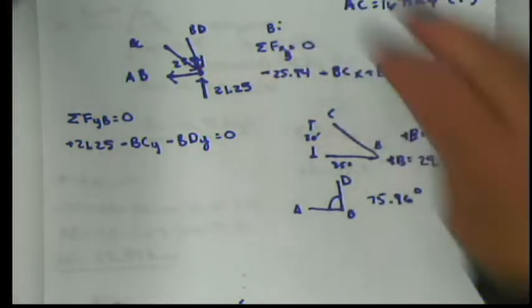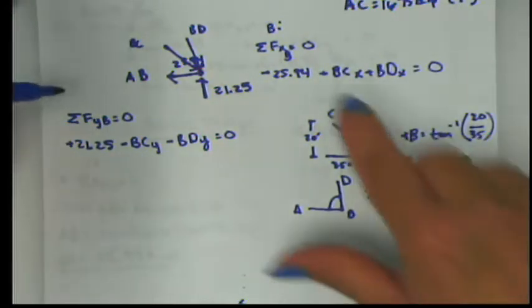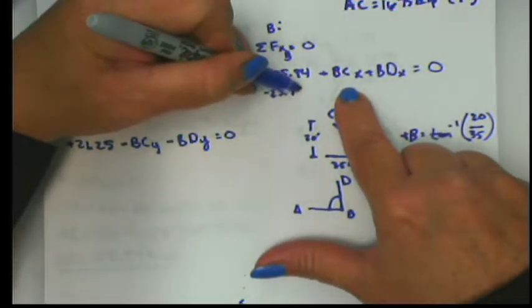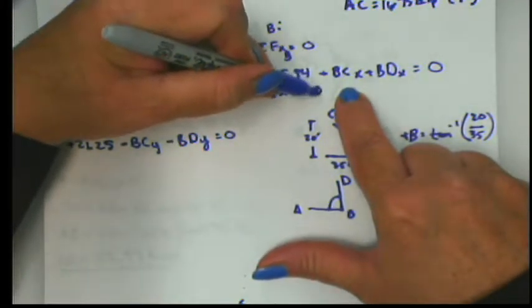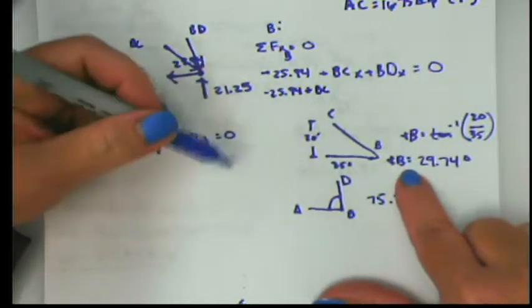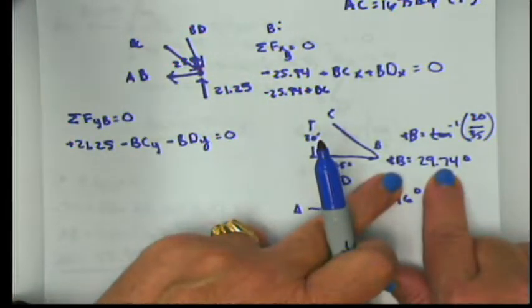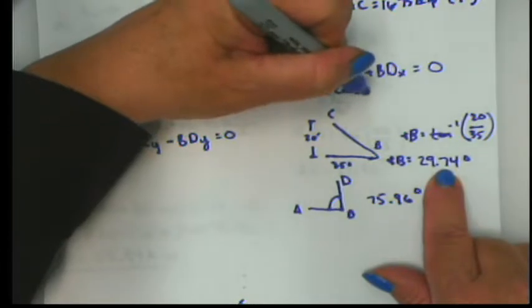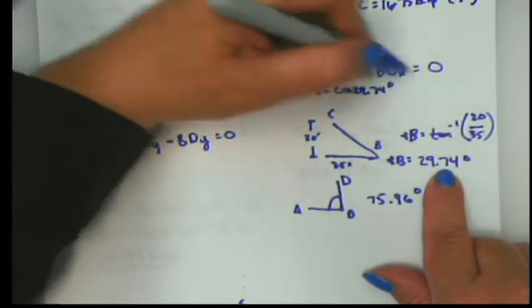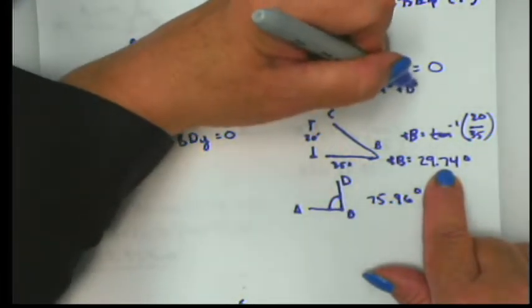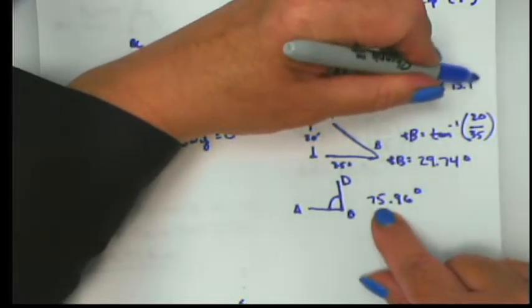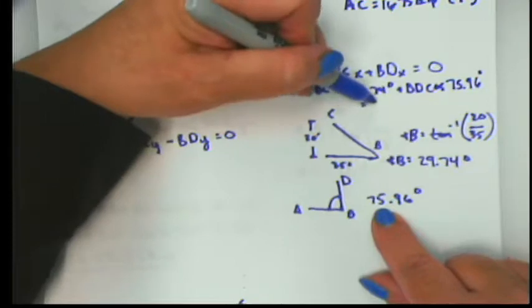All right, so we're going to do the same thing here. We're going to say negative 25.94 plus BC in the x direction is going to be the cosine of this angle, plus BD in the x direction, which is going to be times the cosine of this angle, equals 0.